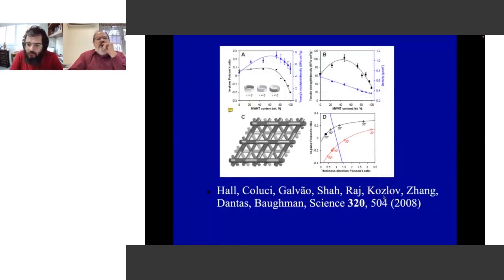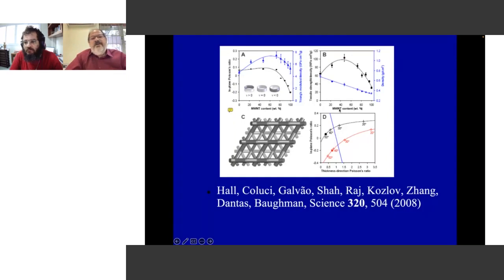Now, let's go to the test, because physics is an experimental science. You could have a beautiful model. If it fails to describe the experimental data, it's mathematics, it's not physics anymore. So let's look here. This is the experimental data with the error bars. The black and blue curves are the prediction of the model.